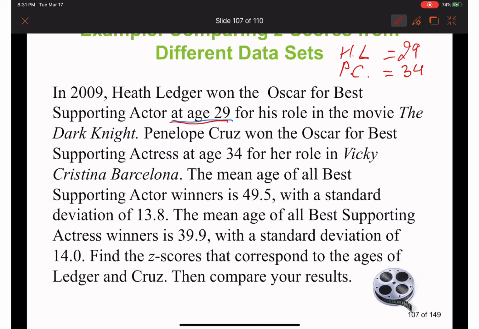The mean age, the average age of the Best Supporting Actor winners, is 49.5, with standard deviation sigma for men of 13.8.